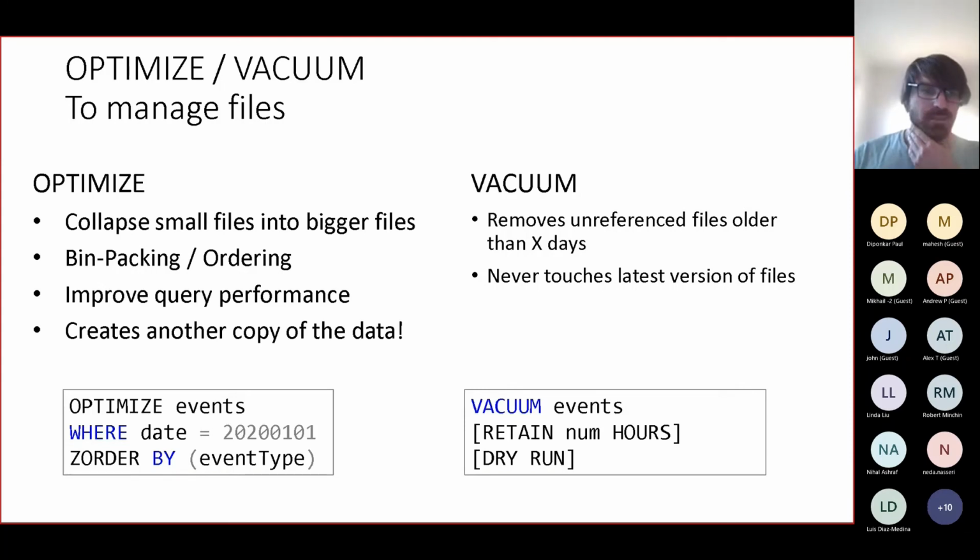Yeah, there are some more details on optimize and vacuum. Basically, you can specify filters for the optimize. It's usually a partition filter, so you only optimize a particular partition. Optimize will also take care that it doesn't re-optimize data over and over again. It knows the data has been optimized and hasn't been changed, and won't re-optimize it.